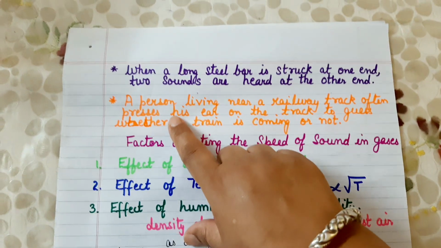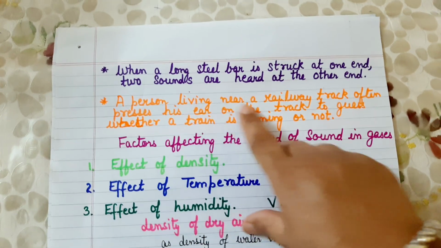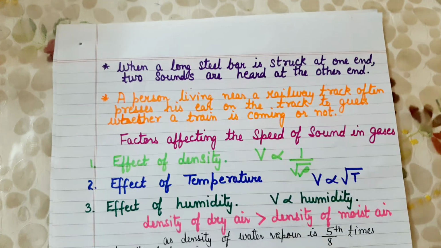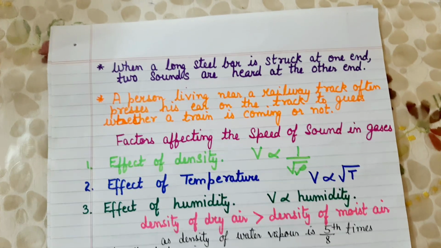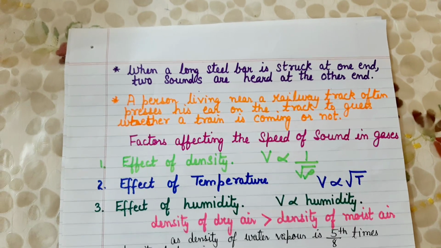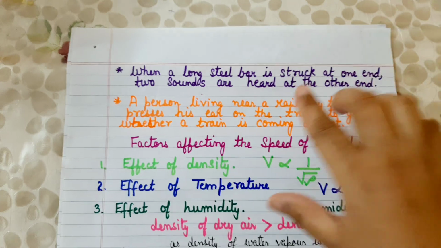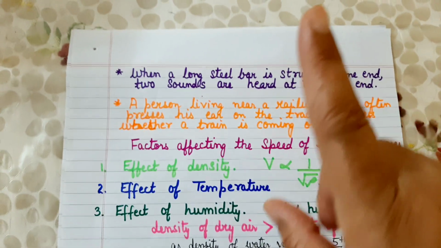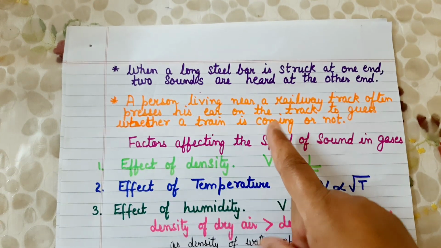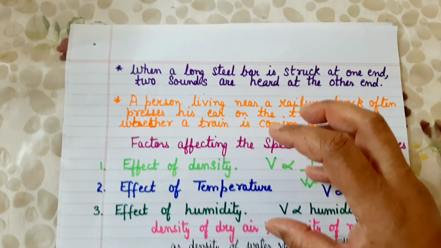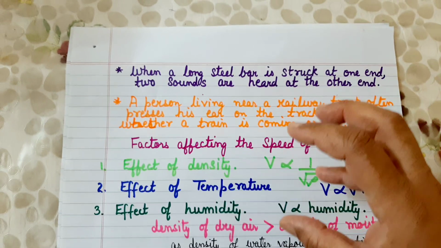Okay. Similarly, look at the second question. A person who is living near a railway track presses his ear on the track to guess whether a train is approaching from a far off distance or not. Even if he cannot see the train coming, he comes to know that the train is approaching. What is the reason behind this? When he places his ear on the railway track, children, the railway track is made up of metal.